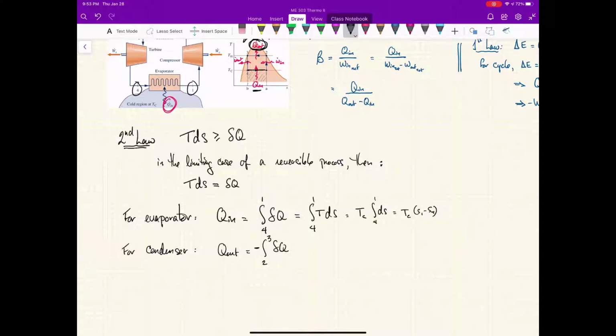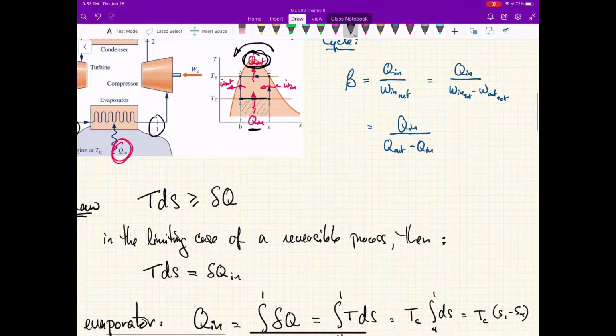It's actually going to be minus that integral, right? Because we are now taking the heat out of the system as opposed to adding heat into the system. And so, therefore, without doing all the math here, I think it's fairly straightforward from what we just did. This is going to be equal to T sub H times minus delta S, which is going to be S2 minus S3.